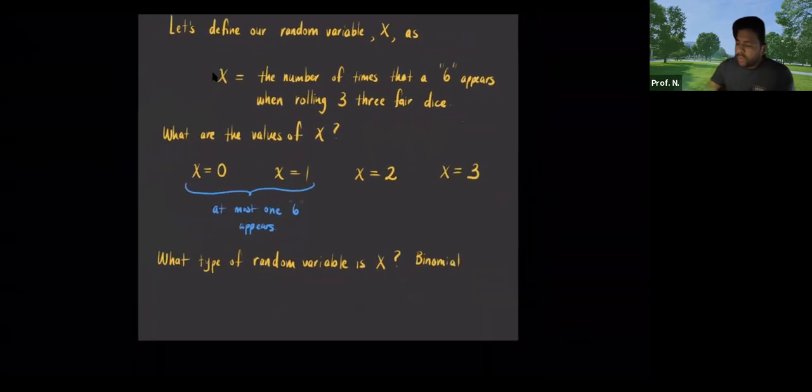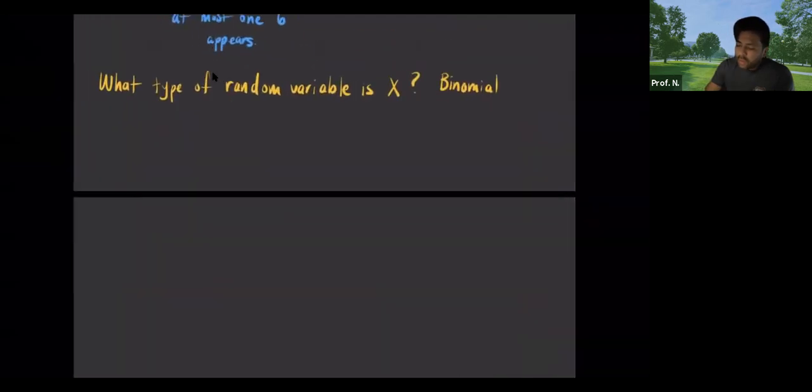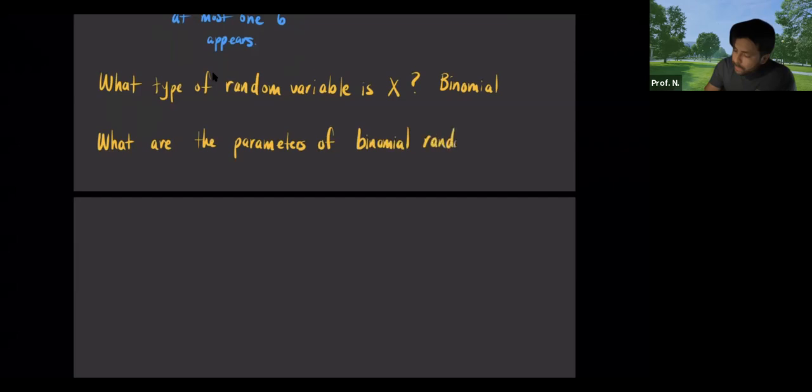So once we know it's a binomial random variable, then we know the parameters, right? What are my parameters? Well, I know that n is the number of trials. Well, we have 3 of them.